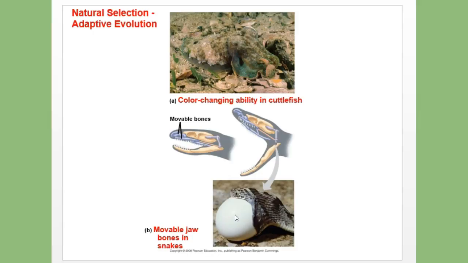In contrast, however, snakes have movable bones in their upper jaw, allowing them to swallow food much larger than their head. And then another reason for this being, it gives them a wider range of resources to eat.